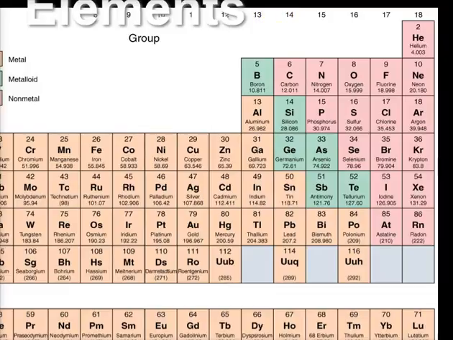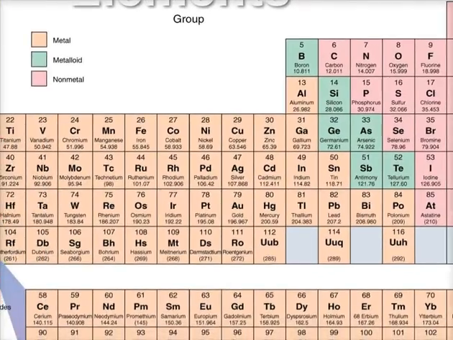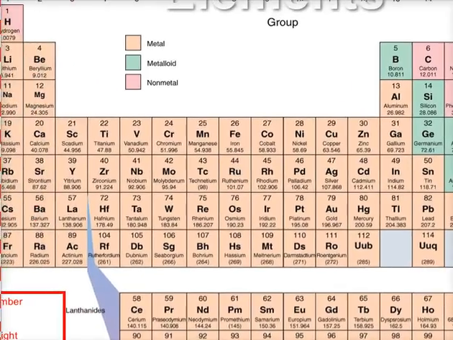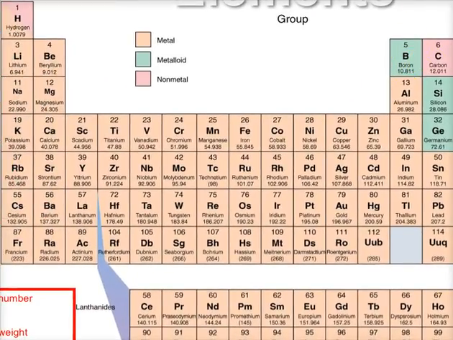Let's see if I can show you this again. Fluorine behaves like chlorine. It's very reactive to these guys over here. They want to share electrons in a particular way, and it's called a polar molecule.